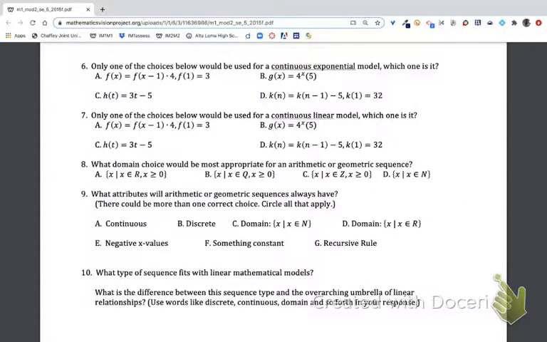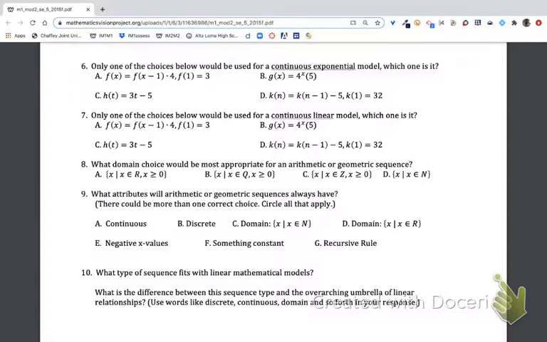For number 7, we need continuous linear. Continuous linear. So if it's linear, I know that I'm adding or subtracting. And if it's continuous, I need an explicit equation. If it's recursive, then I'm just taking each next step. It wouldn't be a continuous model.